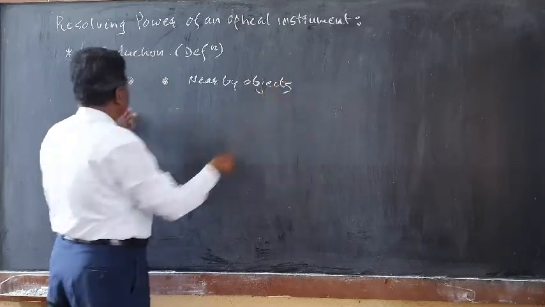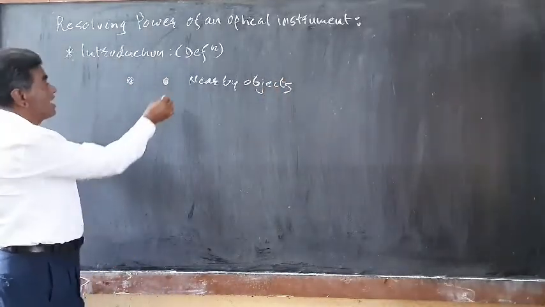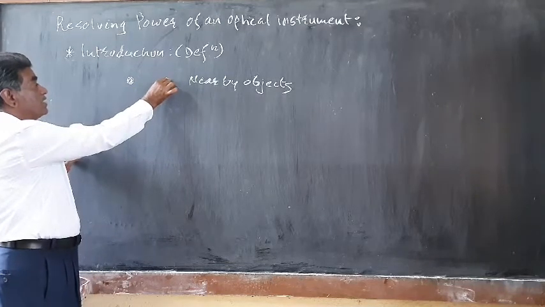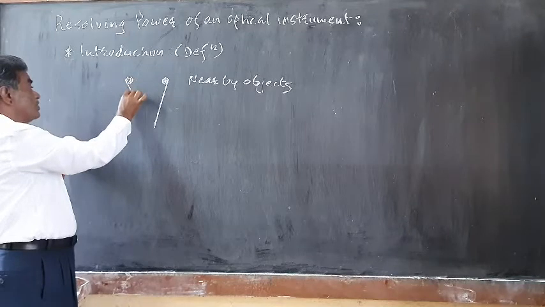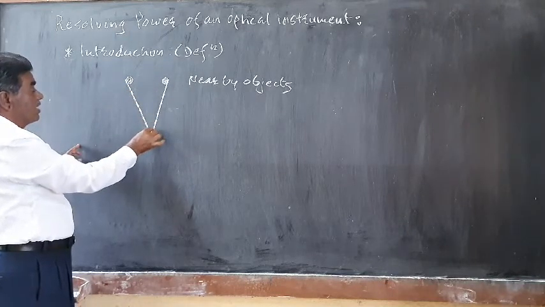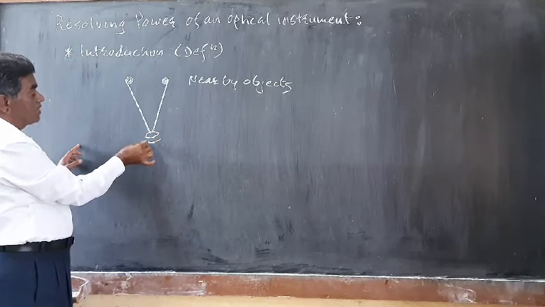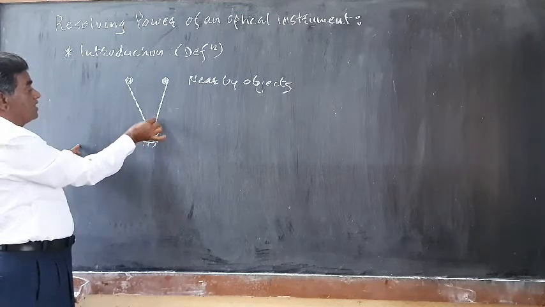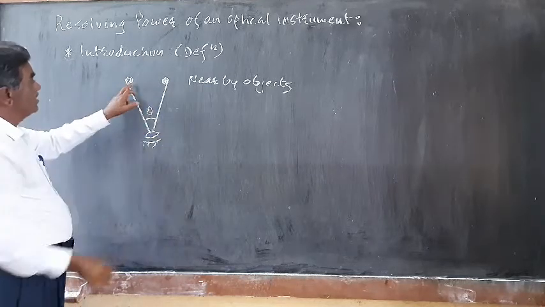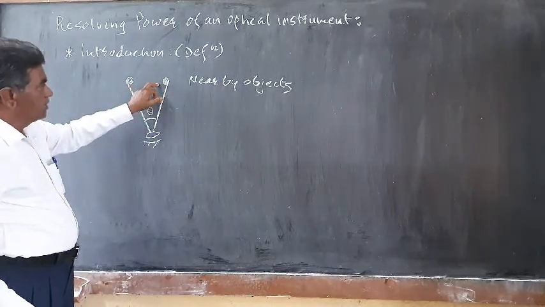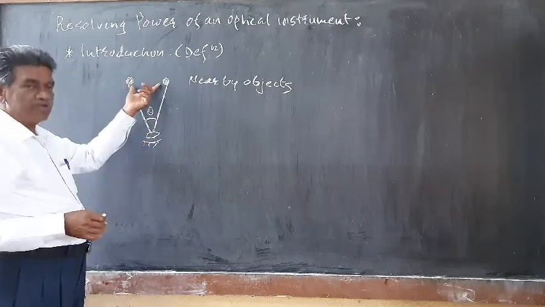We consider the two nearby point objects, and the angle subtended by the nearby objects at our eye. Suppose this is our eye, and this angle is theta. The objects which are very close to each other are said to be nearby objects.